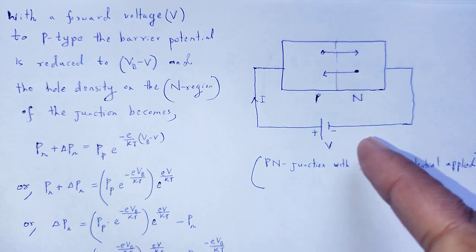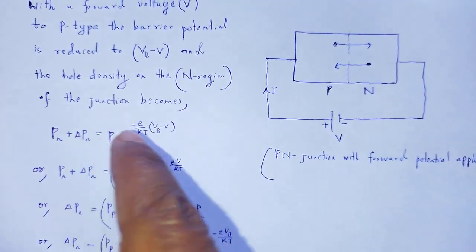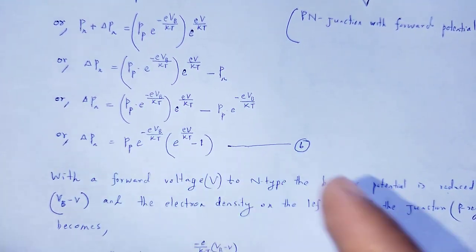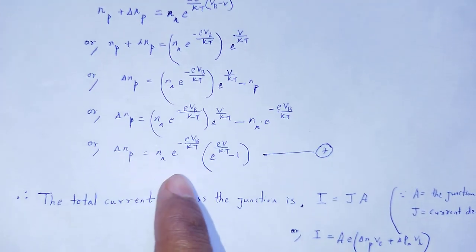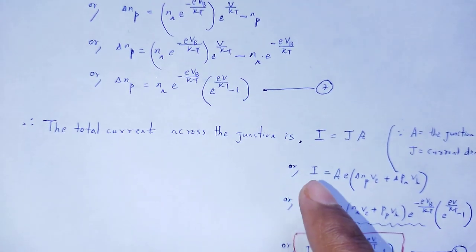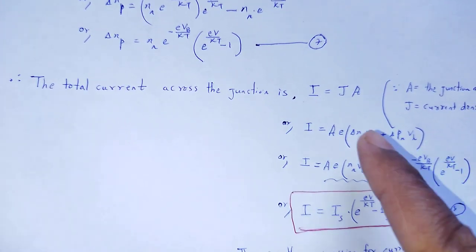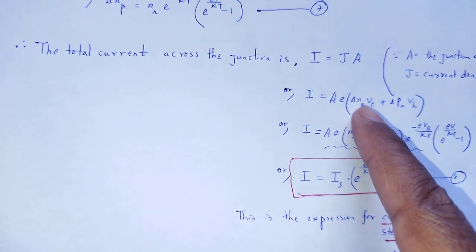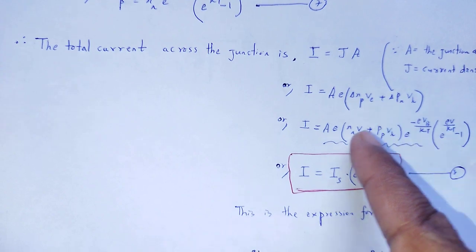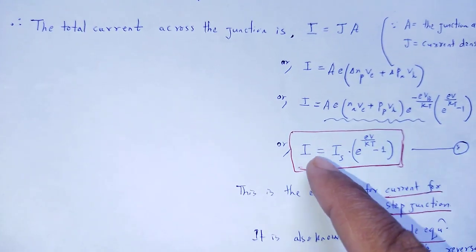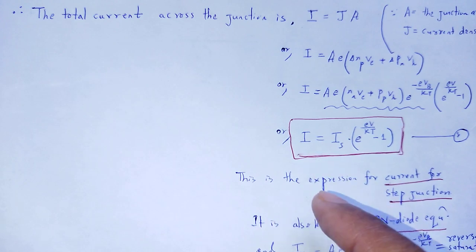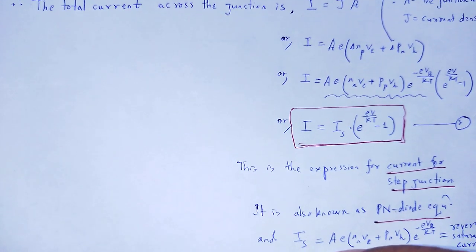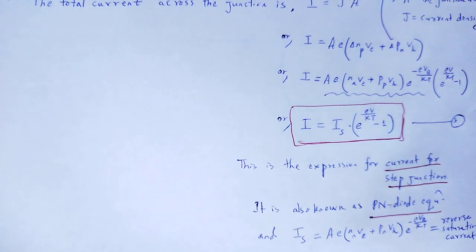The junction is forward biased, and then the expressions change to del Pn, next del Np, and finally the total current across the junction, the value of J. We put in the expressions for del Np and del Pn, taking the common term. Finally, that equation is nothing but the expression for current for a step junction, which is also known as the PN-DIODE equation, and I of S is the reverse saturation current.